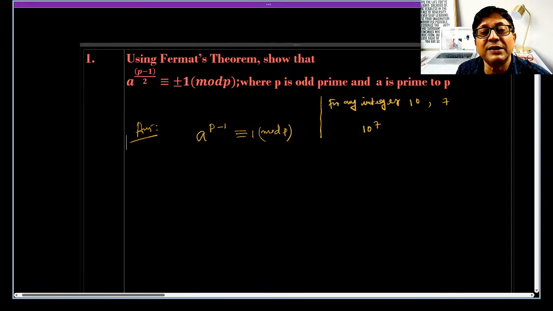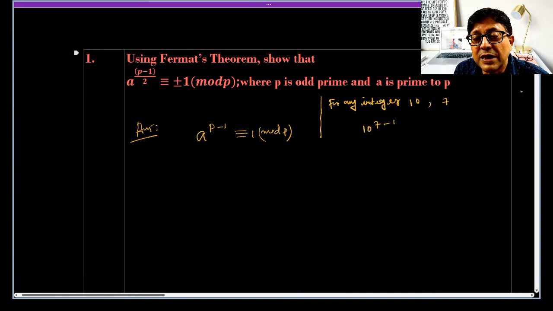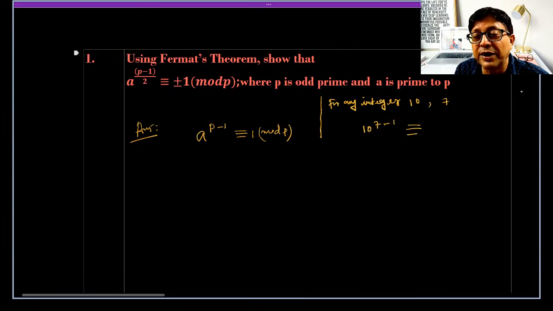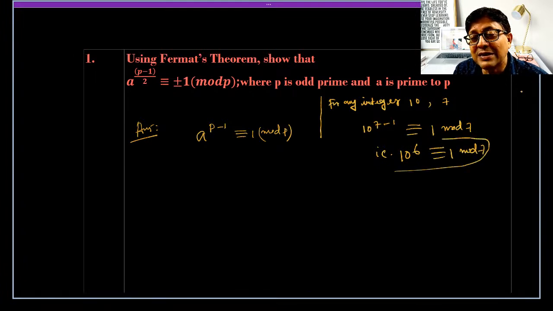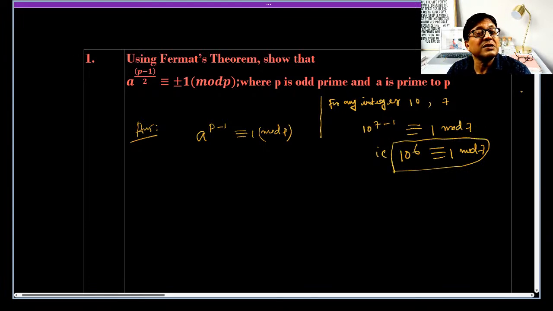Think before I write here. 10 to the power 7 minus 1 is congruent with 1 mod 7, that is, 10 to the power 6 is congruent with 1 mod 7. 10 to the power 6, when divided by 7, leaves the remainder 1. This is the concept, isn't it?